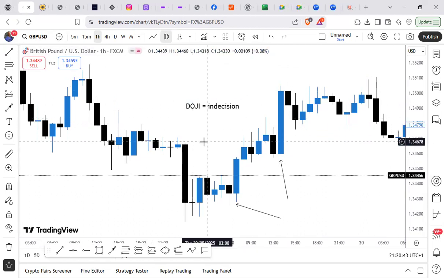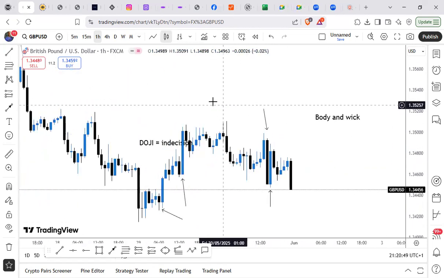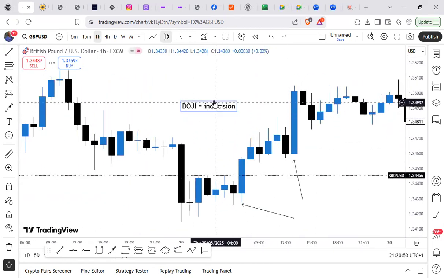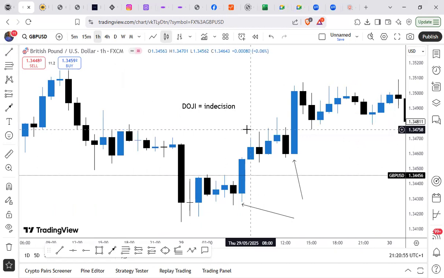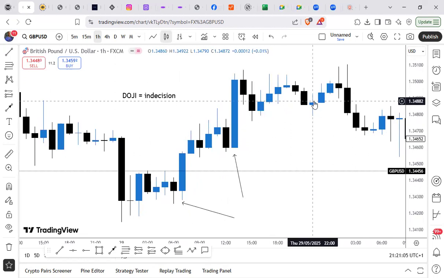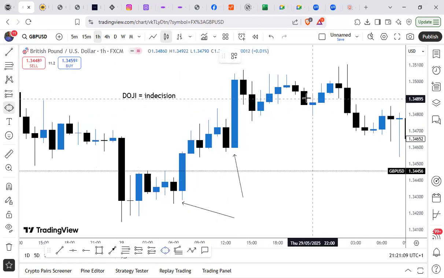So now, the third point I want to show you guys is the doji candle. The doji candle stands for indecision. It means that both the buyers and the sellers are not decisive. They don't know what to do yet. See, this is a perfect example of doji right here, this one.